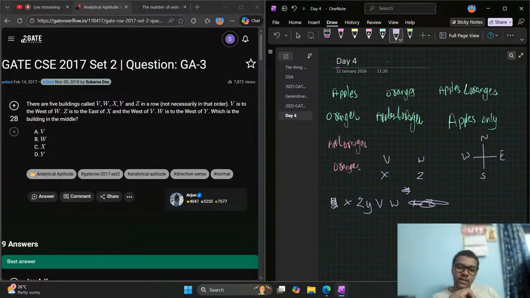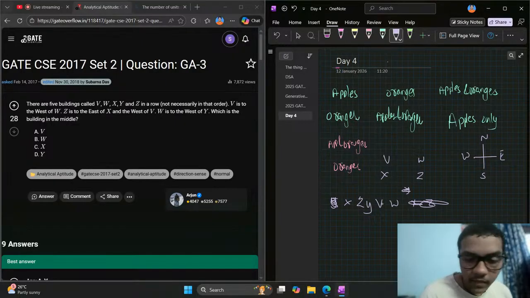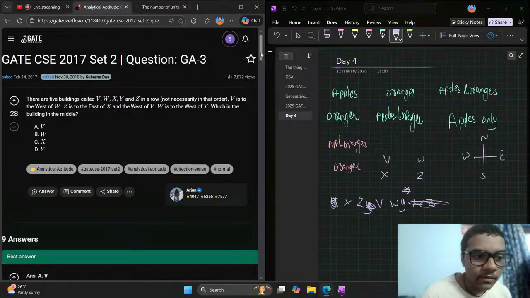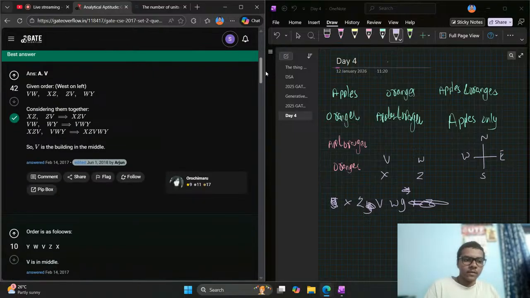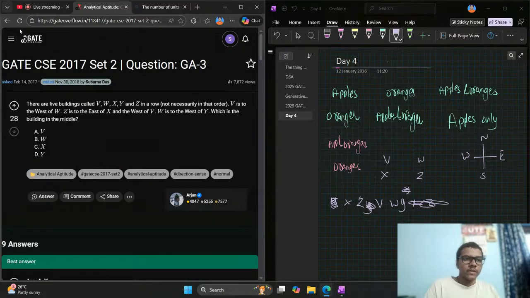So if you put it like this, all the three conditions are being satisfied. V is to be west of W. Z is to be east of X and west of V. That's good. W is to be west of Y. Okay, we should be in the middle. My bad. XZVWY. XZVWY. Alright.